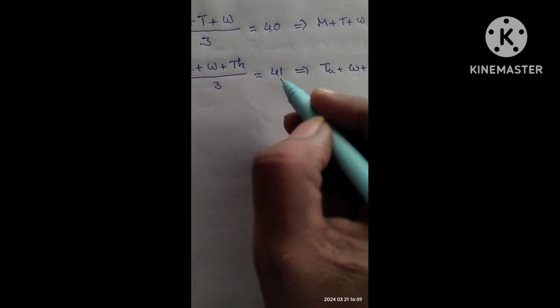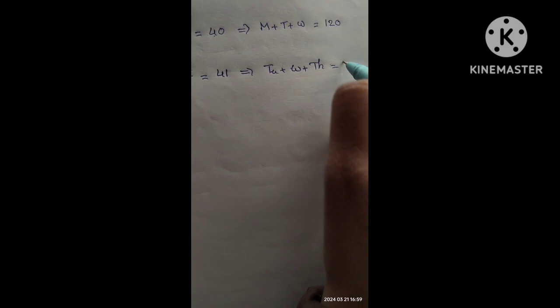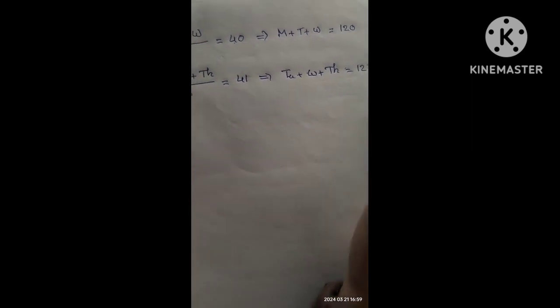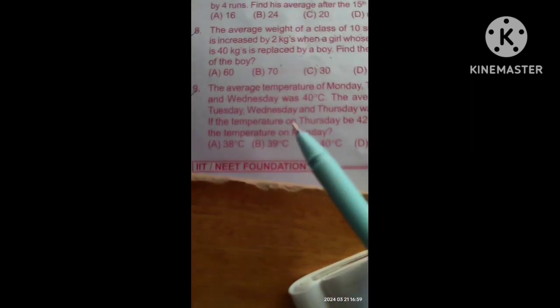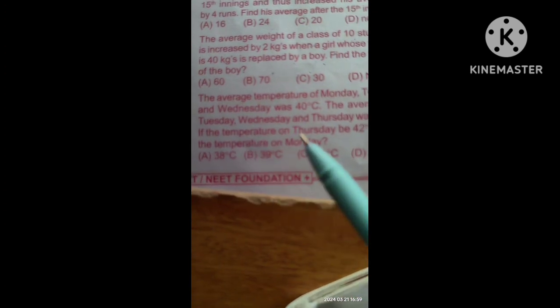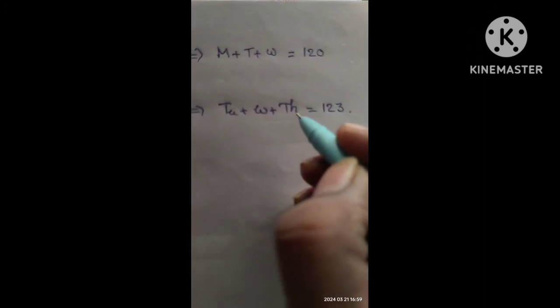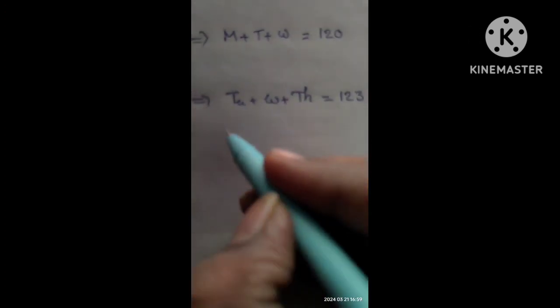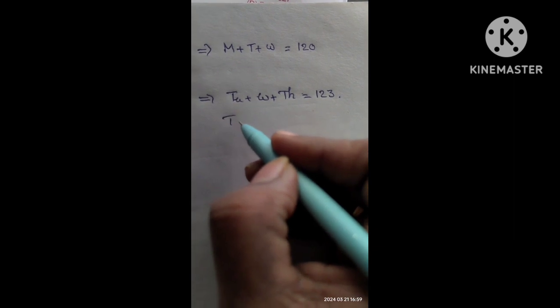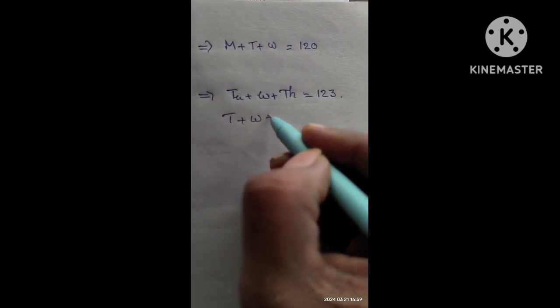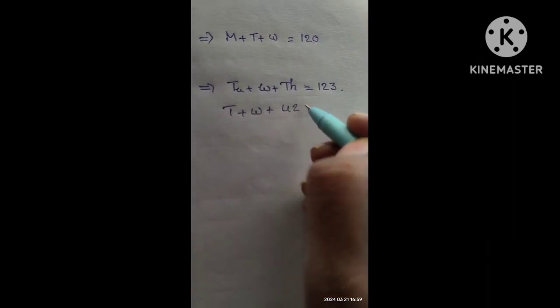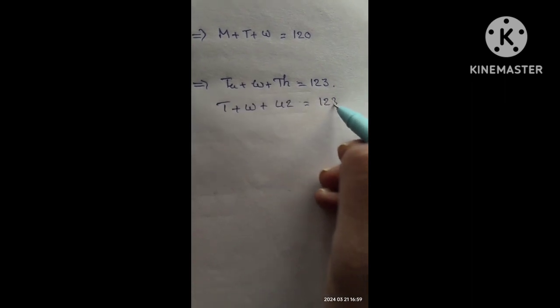Transposing the by 3 to that side, Tuesday plus Wednesday plus Thursday is equal to 123 degrees. And next in the question they said the temperature on Thursday is 42 degrees. So substituting the value, Tuesday plus Wednesday plus 42 is equal to 123.